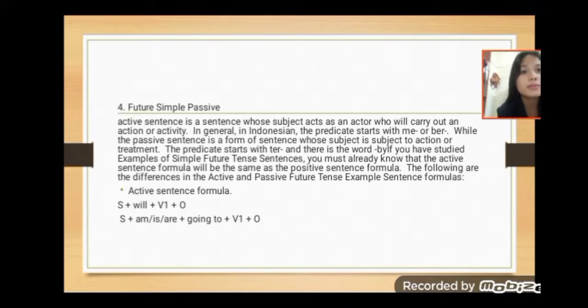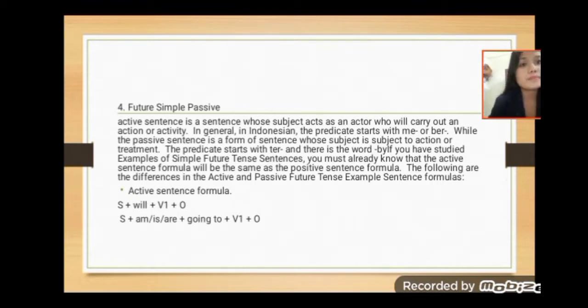The predicate starts with di, and there is the word by you have studied. Example of simple future tense. You must already know that the active sentence formula will be the same as the positive sentence formula. The following are the differences in the active and passive future tense.